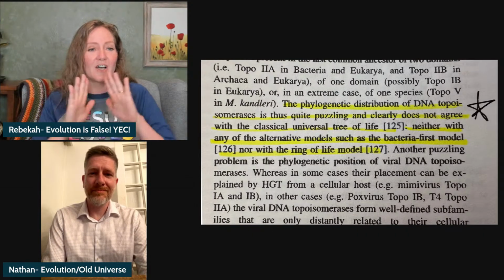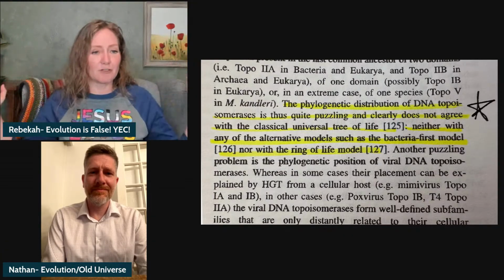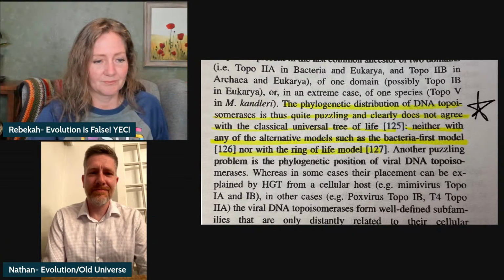So we cannot get topoisomerase to fit in this evolutionary tree. All right, so now, Nathan, you're free to make your explanation for how topoisomerase came about.